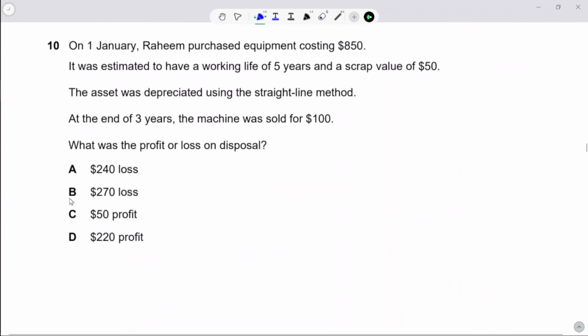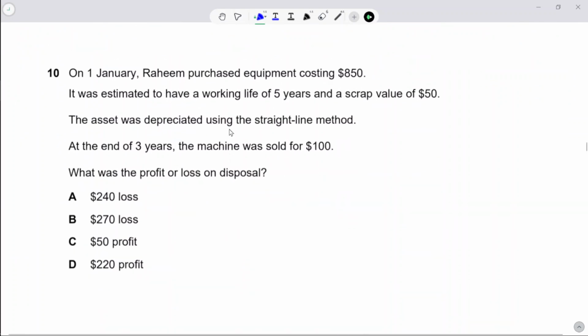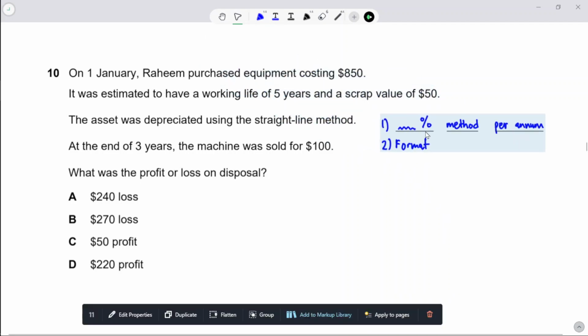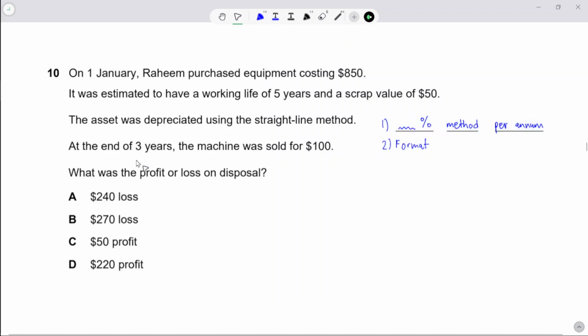Okay, let's continue. So the first thing is percentage method and per annum. In this case, per annum is actually the years, so in 5 years.